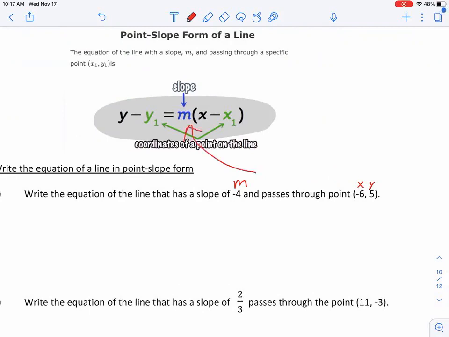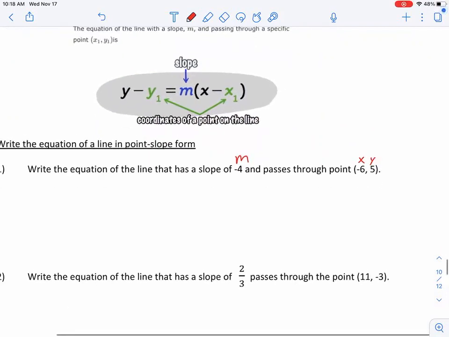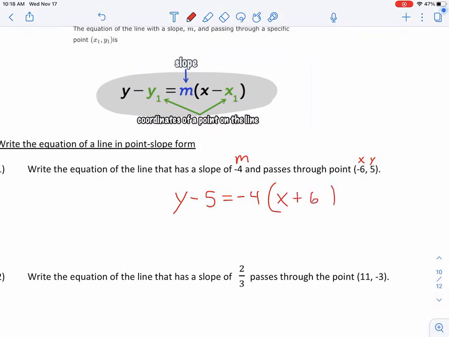Just plugging m into here, x into here, and y into here. All right, so here we go. Our answer is, and I'm just going to go right to the answer. The equation is y minus our y value, so y minus 5, equals our slope, which is -4, times x minus -6, which is like x plus 6.